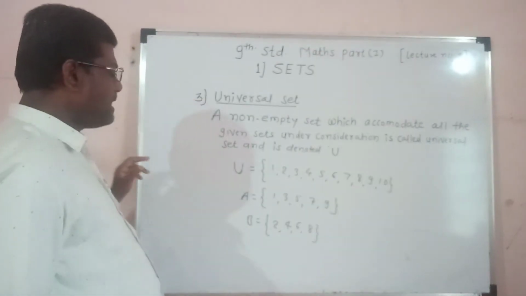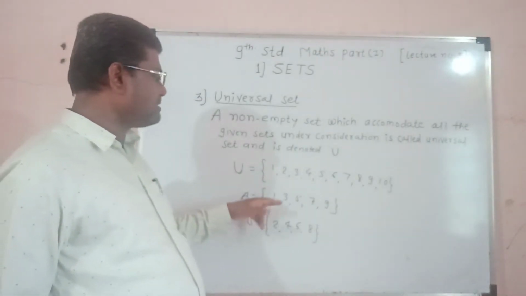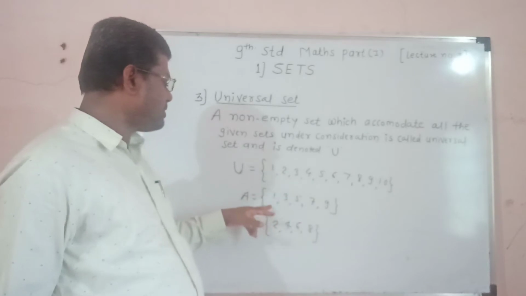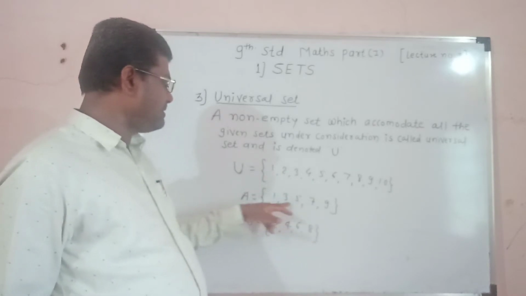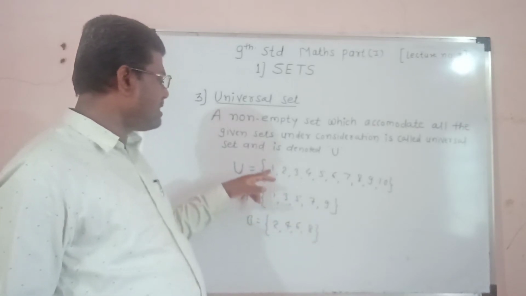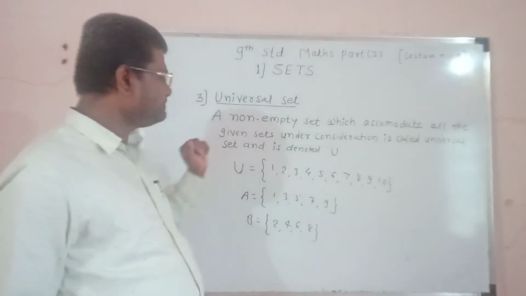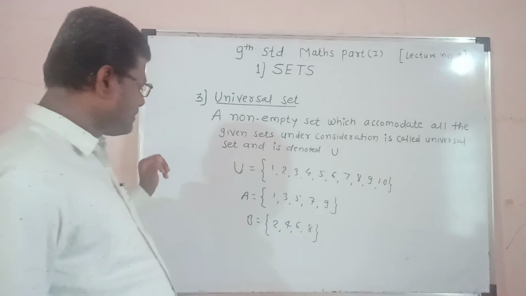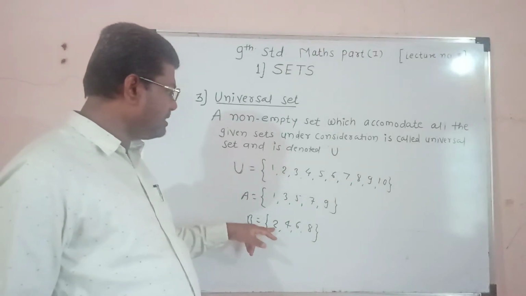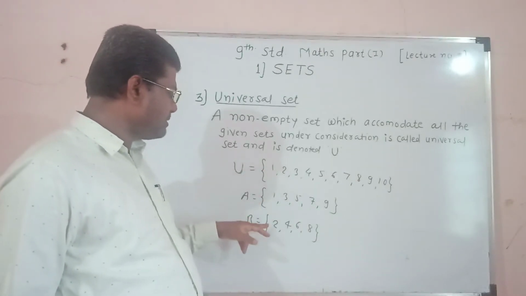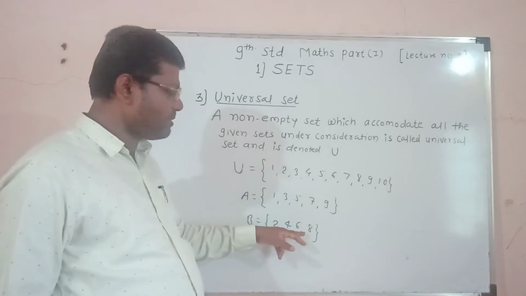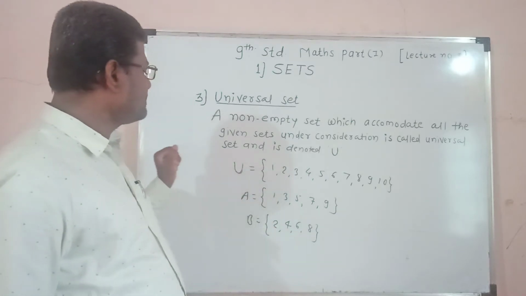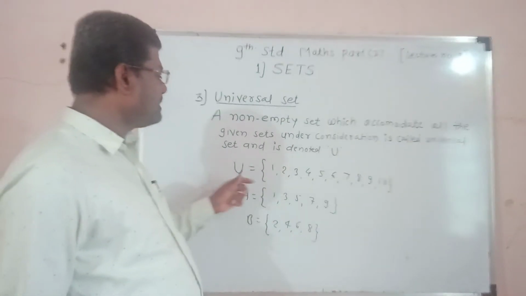It is observed that A is a subset of U because all the elements in set A are in set U. Therefore, A is a subset of U. Also, B is a subset of U because all the elements of B are in set U.